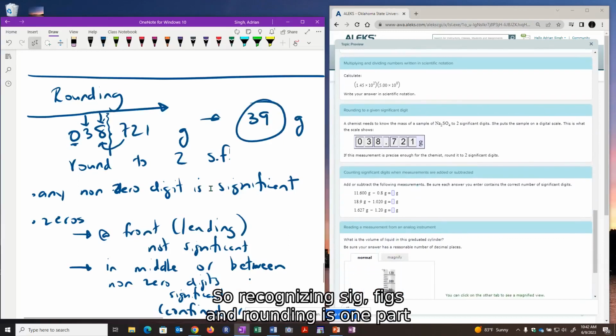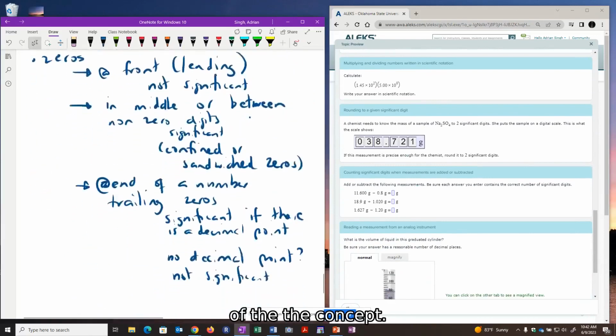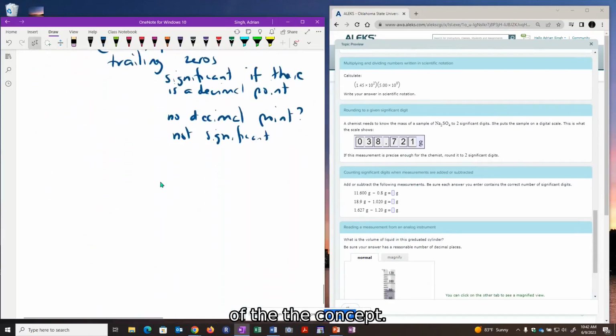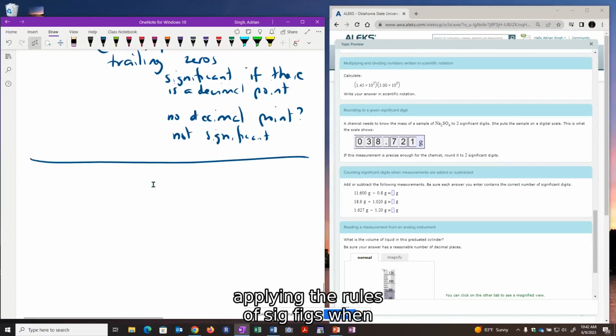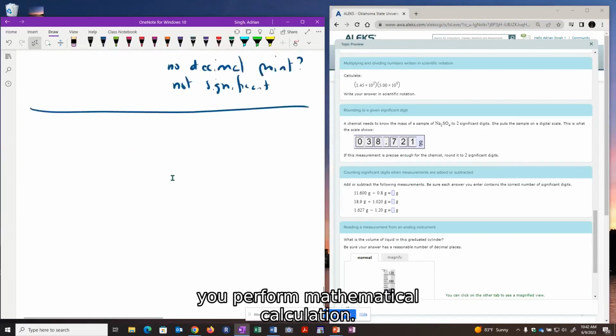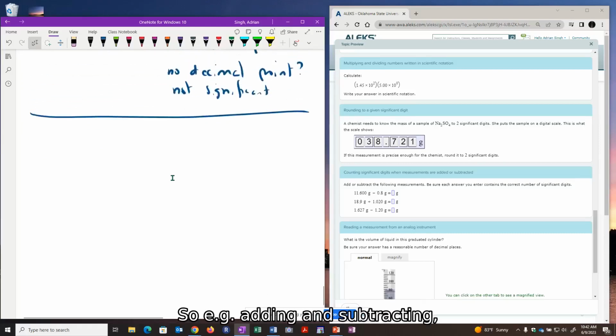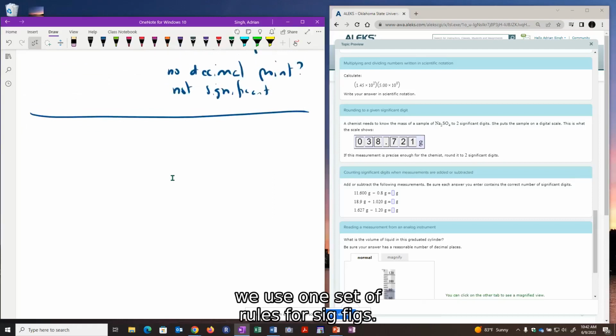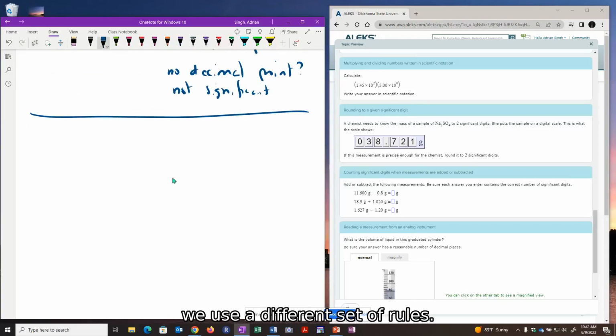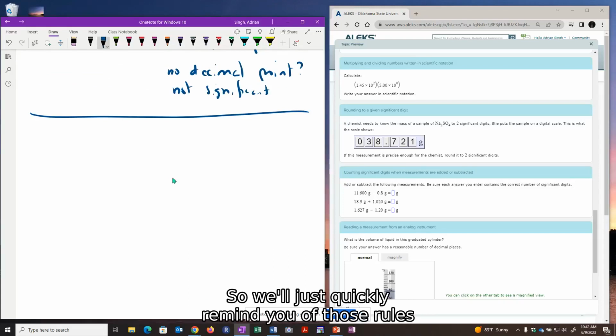So recognizing sig figs and rounding is one part of the concept. The second is actually applying the rules of sig figs when we perform mathematical calculations. For example, adding and subtracting, we use one set of rules. For sig figs, when we multiply and divide, we use a different set of rules. So we'll just quickly remind you of those rules.